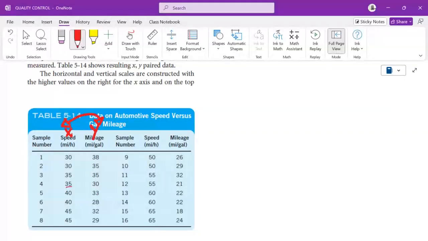So now we're going to draw this plot. What's my biggest number under speed? It's around about 65, and the lowest is around about 40. So something like this will work.